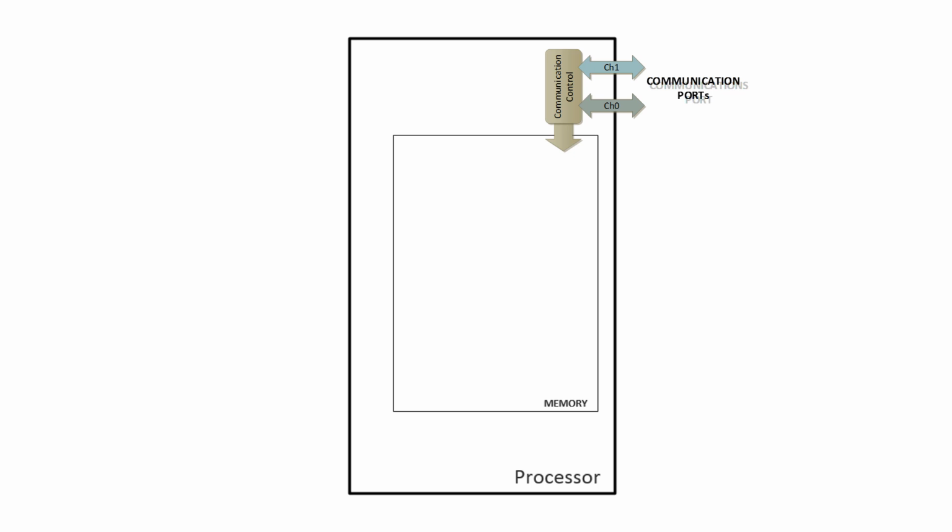Communications port. Typically it's channel 0 and channel 1. Channel 0 is typically RS-232, and channel 1 these days is most often Ethernet, TCP/IP, or Ethernet IP. That's a story for another day. Now we have a processor with memory, and we have some way to access it.